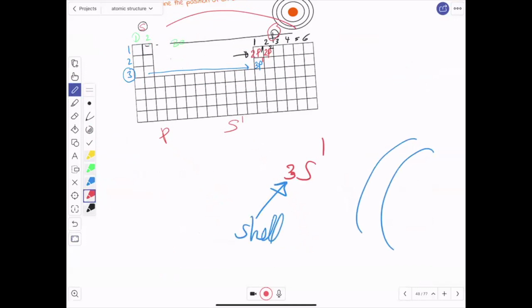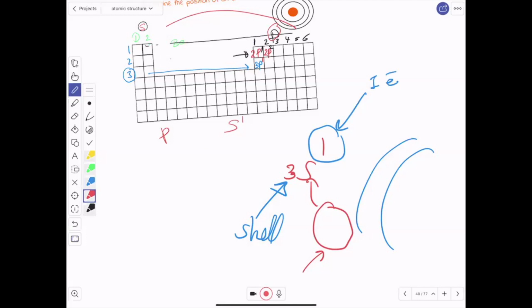The S stands for the shape or the sphere that the electron is drawing while it's rotating around the nucleus. And this number 1 here stands for the number of electrons. So here, I have one single electron, right?